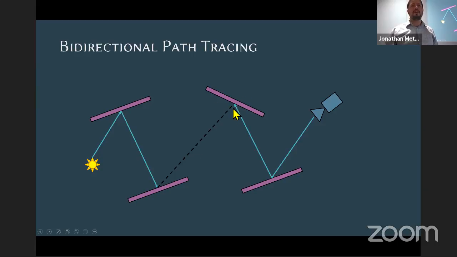And then you can use the BRDF to say how much of this reflected ray here actually gets to this side. So that's how you connect the two. Use the BRDF, and the BRDF will tell you exactly how much light is reflected in this direction from this surface, and this BRDF will tell you how much light is then reflected back. So a nice, easy way of connecting those two.